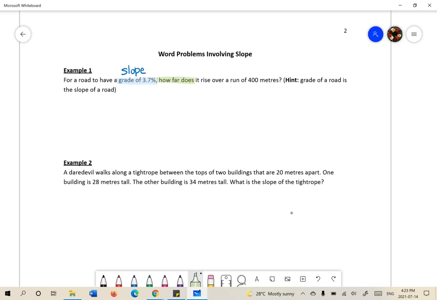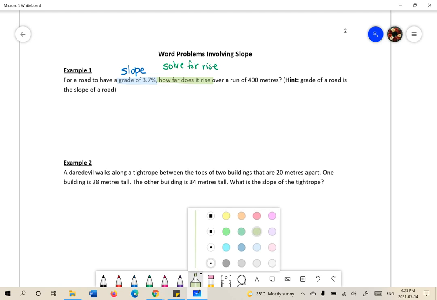How far does it rise? We're trying to find rise. And it tells us our run.